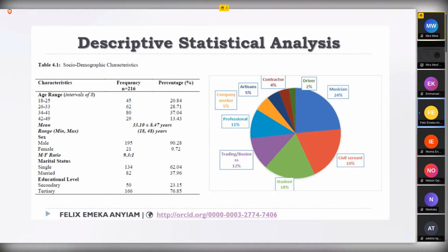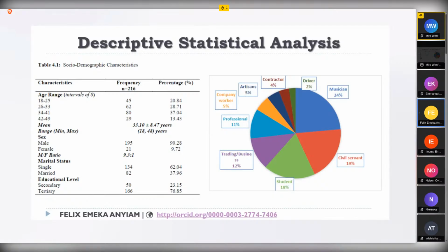Okay, all right then. So for how you can represent the descriptive statistics, you can represent it as a table, you can represent it as a visualization. I've shown an example here that I cropped from one of my works. I called it table 4.1 because it was the first table in chapter 4 of that work.